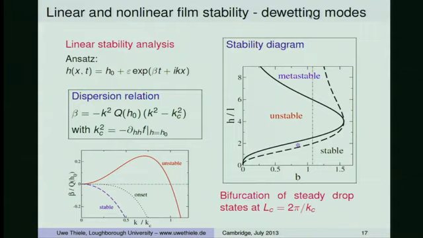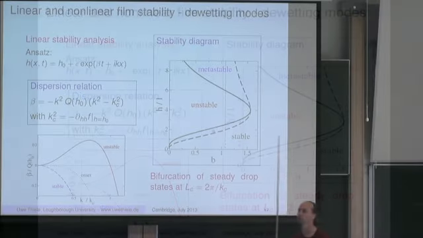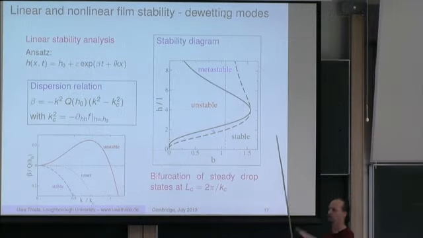If you go to small values of b, you find there is an intermediate film height range where it's linearly unstable, and then there's a region that you can't see in the linear stability analysis where it's metastable. There you need a finite size perturbation to actually make it rupture. And then there's a region outside where it's absolutely stable, so you can do whatever you want to the film and it goes back to flat.